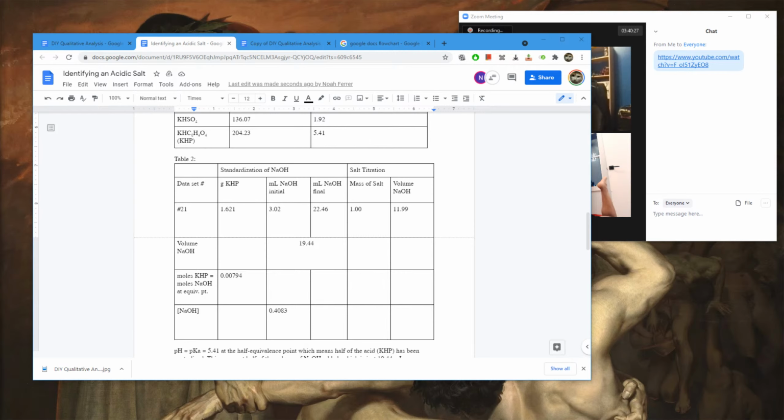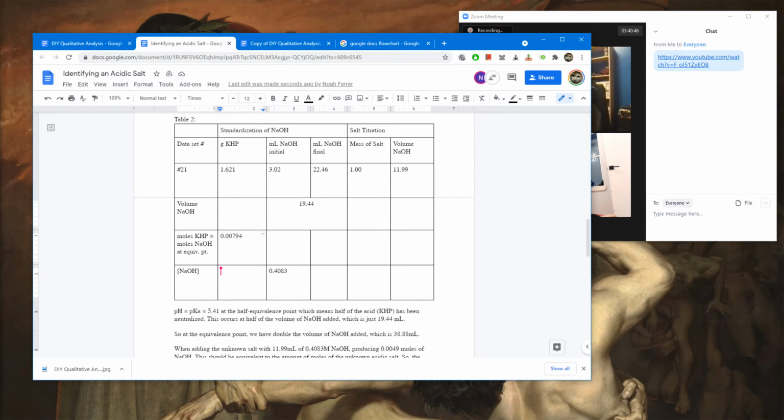Okay, and then the graph. How do I fix this? Initial, final. This is just whatever the total. This is the moles of that at equivalence point. Oh, you know what? I think that makes sense. 0.00794 divided by 0.0049.